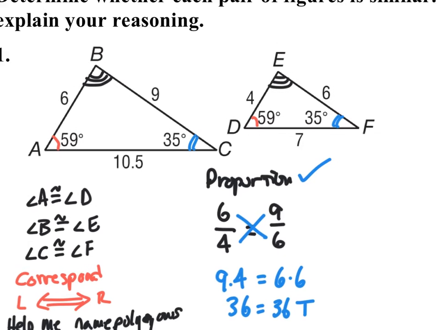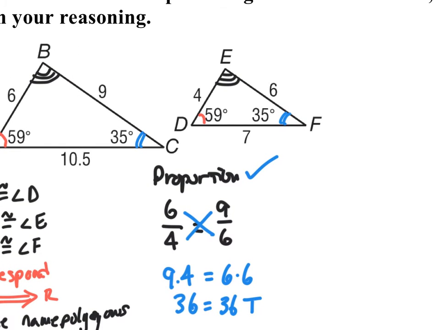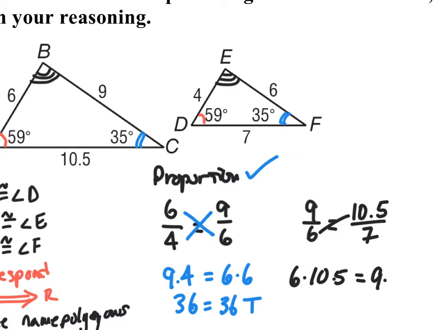So let's go ahead and do that, and just to verify that, let me write 9 over 6. I'm going to use this length and this length, and set up an equal sign and say that I've got 10.5 divided by 7. I'm going to multiply this out, so is 6 times 10.5 equal to 9 times 7?